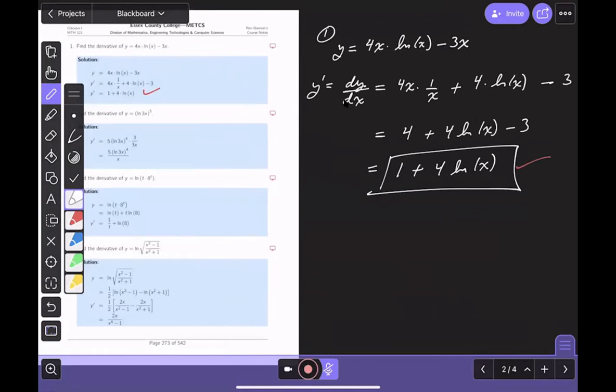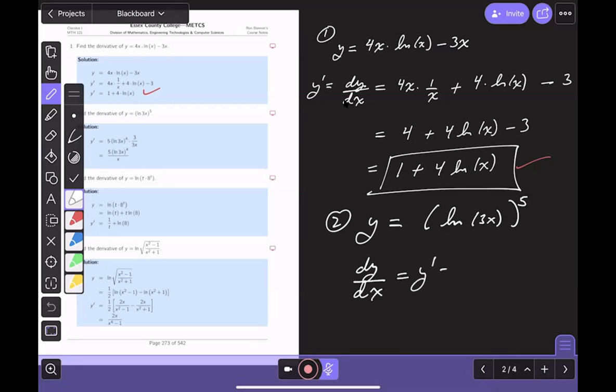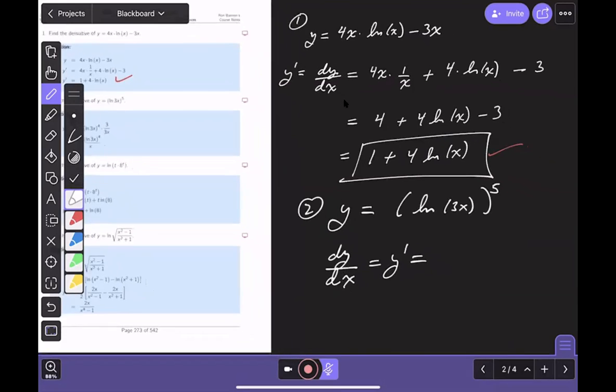And number 2, I'll write this down for you, is y equals the natural log of 3x raised to the 5th power. Chain rule, so dy dx, same thing as saying y prime in this case, as long as you know y prime means dy dx.